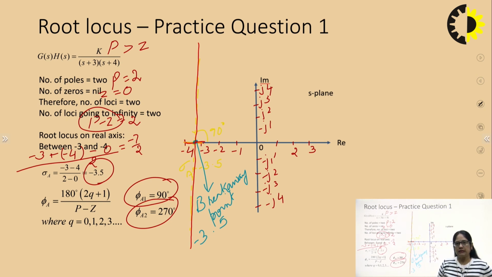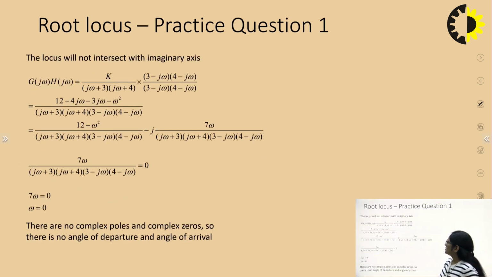Now looking at the root locus, it seems that this root locus will not intersect with the imaginary axis. However, we can also check it by the expression. To know whether the root locus is lying on the imaginary axis or not, we can find it out by just putting s is equal to j omega.